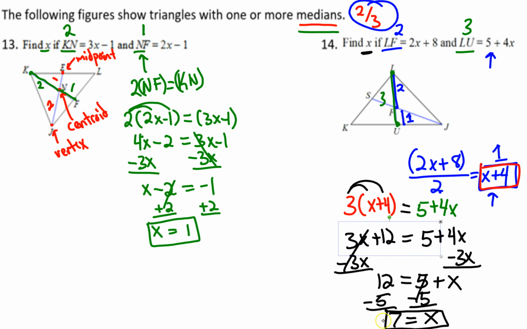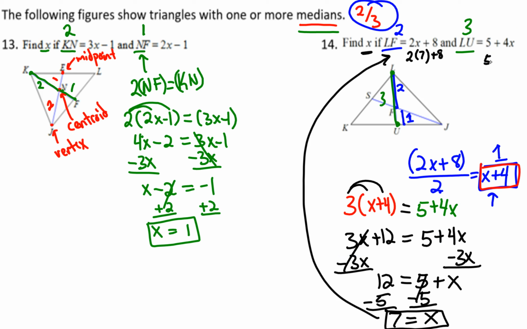Now let's go ahead and actually check this one to make sure we got it right. So to do that, we're going to take the 7 and substitute it in up here. So we're going to do 2 times 7 plus 8. And then we're going to do the same thing here, 5 plus 4 times 7.